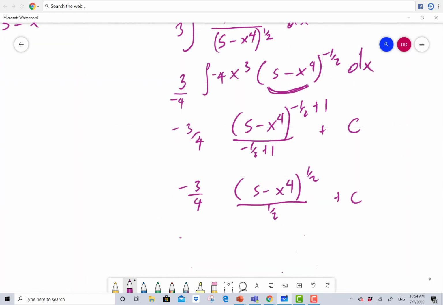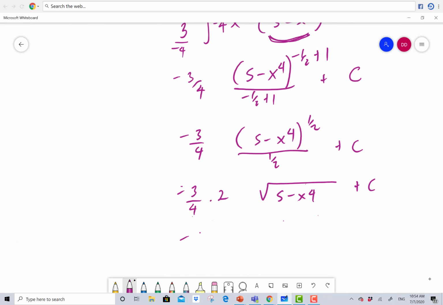Now keep, change, flip: I have negative 3 over 4 times 2. That's the same thing as the square root of 5 minus x to the 4th plus c. To simplify, I get negative 3 over 4 times 2, and 2 into 4 goes 2, so the answer is negative 3 over 2 times the square root of 5 minus x to the 4th, plus c.